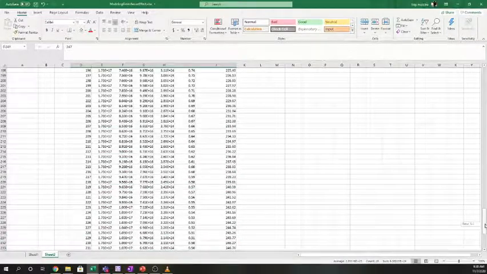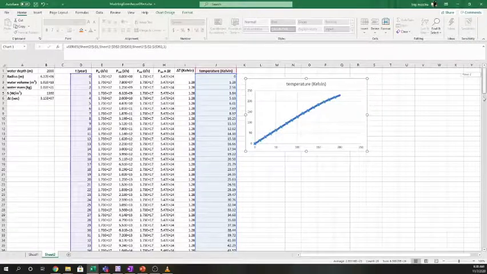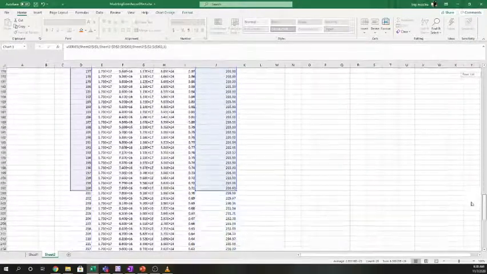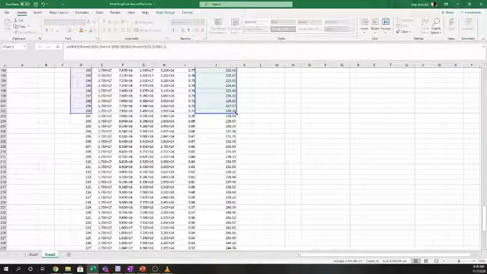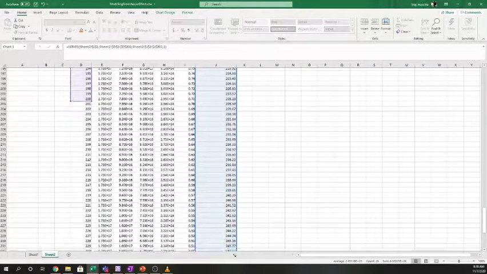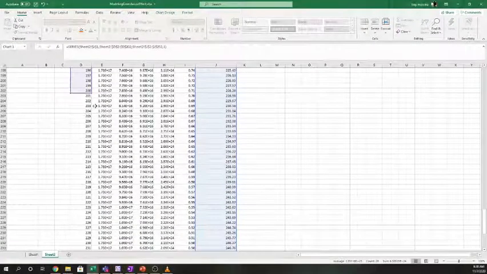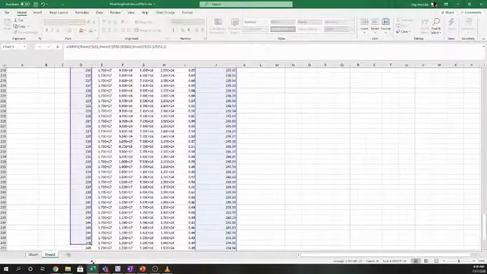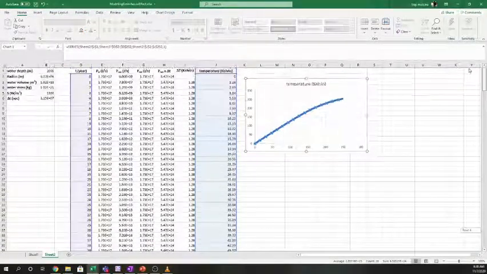And then I need to update the graph. So I click on the graph, scroll down and see, okay, it ended there. I'm going to just point to the bottom right and drag this down, and then do the same for my X values, and see what happens to the graph.